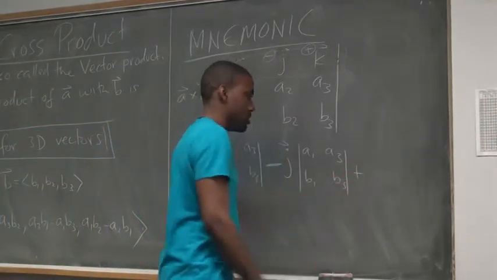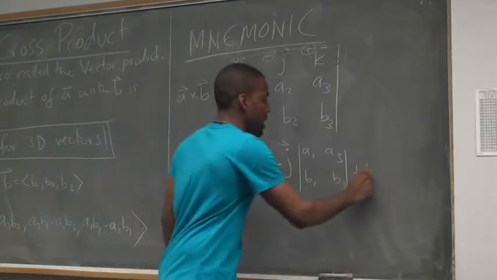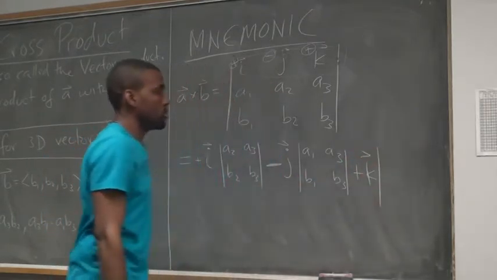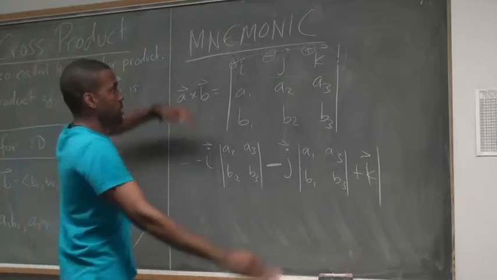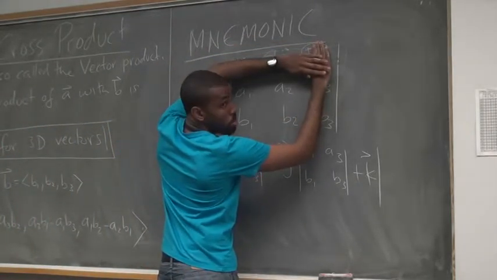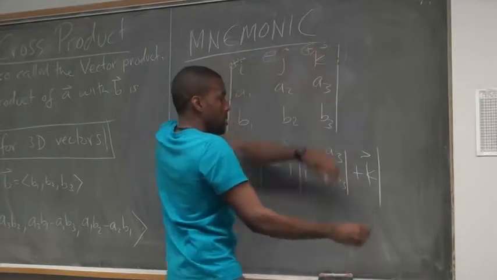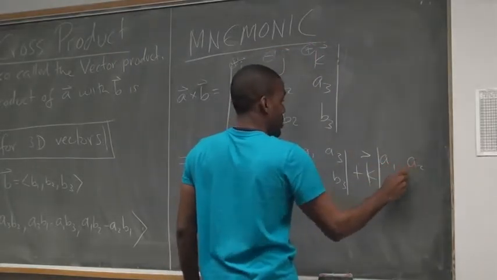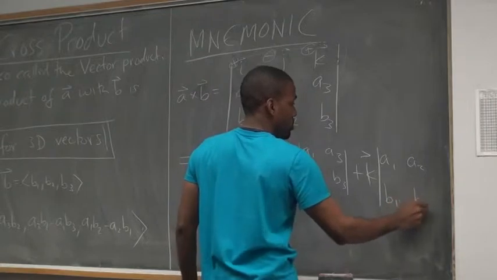Finally, plus for the K. You do exactly the same thing. Block out everything in that row and column, you're going to have that box left. You write that down: A1, A2, B1, B2.